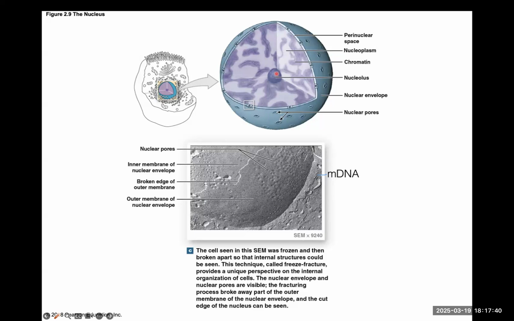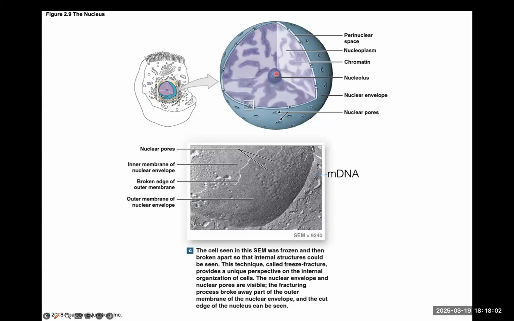Eu means true, so we have a true nucleus. Karyo means nucleus, eu means true. So we're eukaryotes. On the other hand, bacteria and archaea are prokaryotes, which means these are the organisms that evolved before the nucleus.